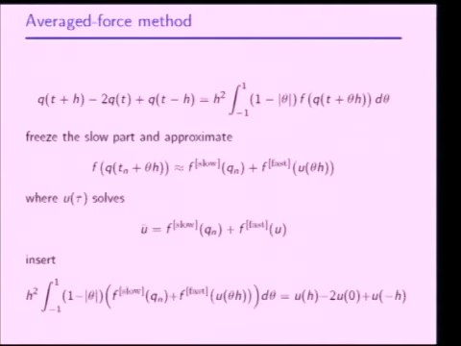So the methods they propose would be somehow in between the method that's standing here and the Störmer-Verlet method, where one has just a point evaluation.